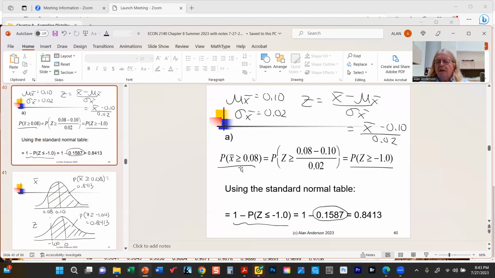So here, X bar being greater than or equal to 8% is equivalent to having a z-score of greater than or equal to -1. Now, of course, as you recall, the tables don't have greater than or equal to probabilities. So I'm going to rewrite this algebraically as 1 minus the probability that z is less than or equal to -1. Now that we can find in the table.